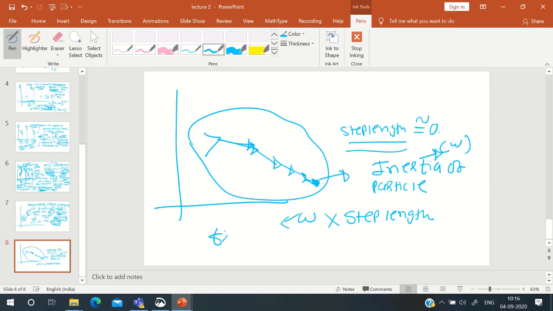It is a fraction, and it is less than 1.